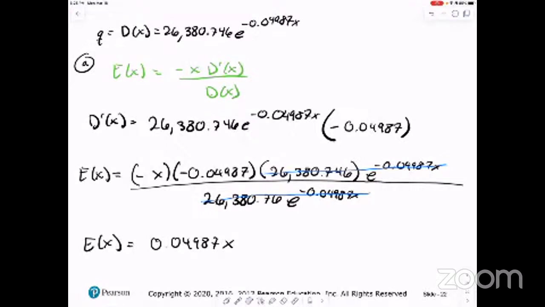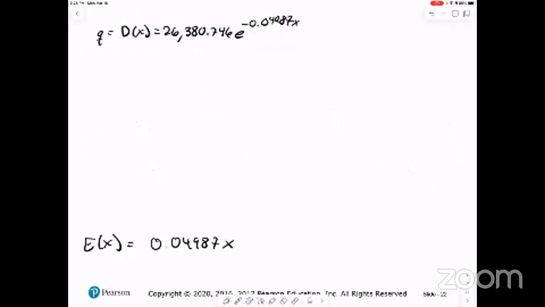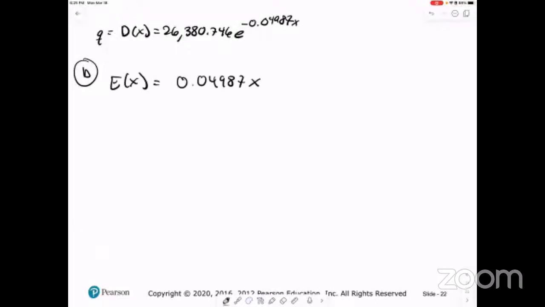So we're working on part B. We want to maximize the total revenue, right? So we want to find out what value of x makes the elasticity equal to 1. Then x is going to be 1 divided by that number.